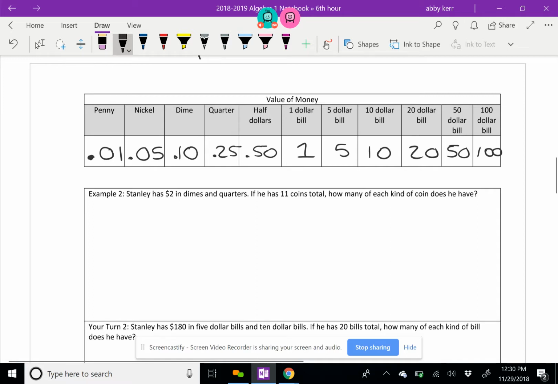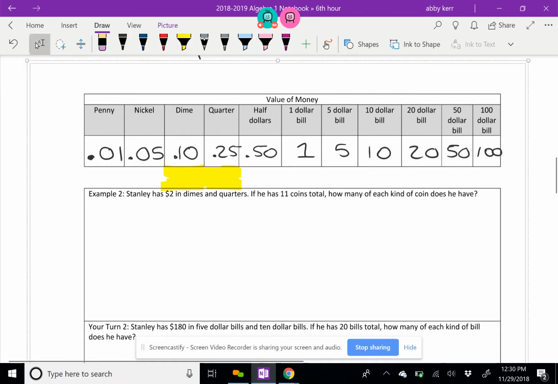So in example 2, it's still a word problem. It looks smaller, but we just got to be careful with the decimals. It says Stanley has $2 in dimes and quarters. So what I care about are quarters and dimes. If he has 11 coins total, how many of each kind of coin does he have?